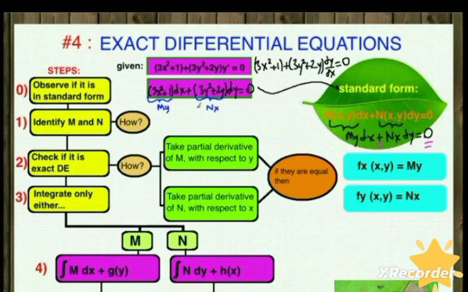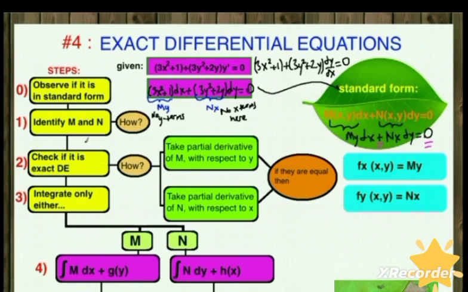So either way, M and N. Now we know how to identify M and N. We don't have any y terms here, so this is our M, and no x terms here, so this is our N. The reason why we call it My or Nx is when we take the partials of this part or that part, we take the partial derivative with respect to y, and the partial derivative with respect to x.